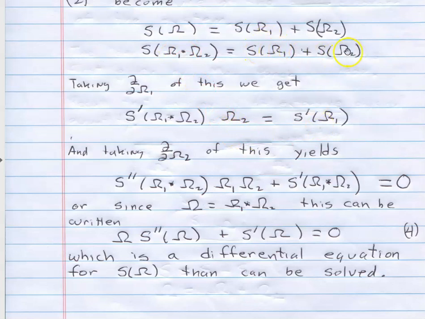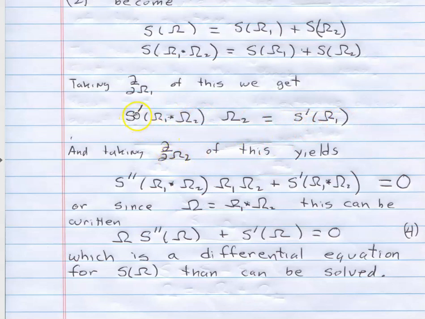On the right-hand side, if I differentiate with respect to omega 1, S of omega 2 doesn't depend on omega 1, and so I just get S prime of omega 1. I can then take the resulting equation and take the partial derivative this time with respect to omega 2.